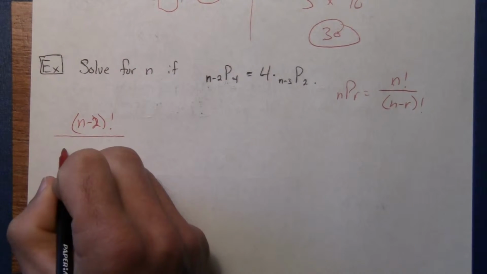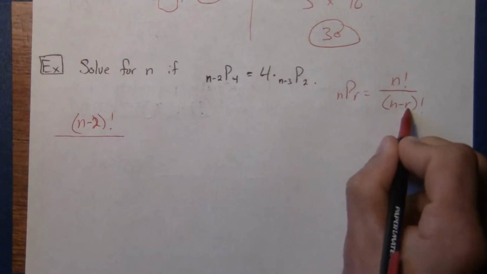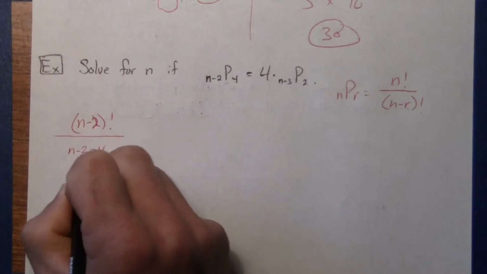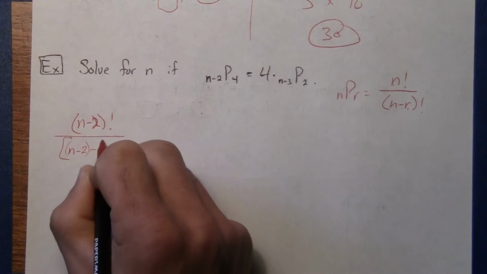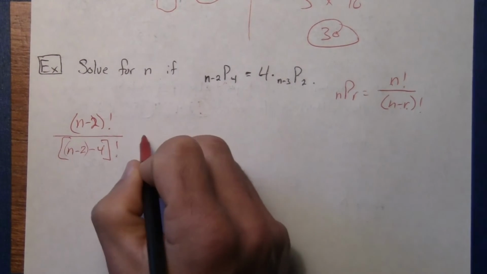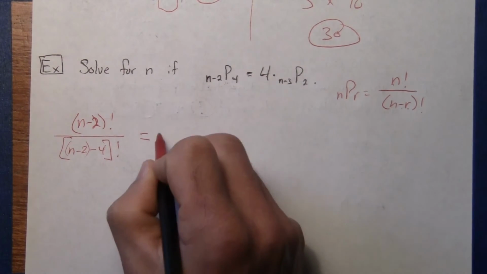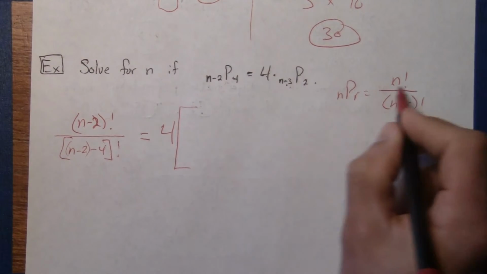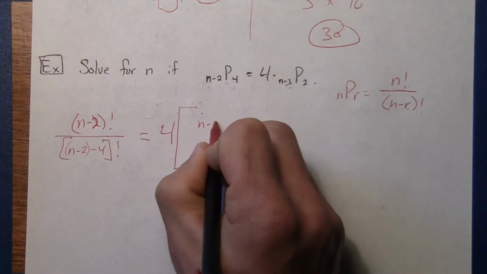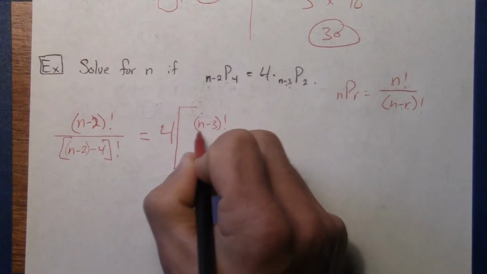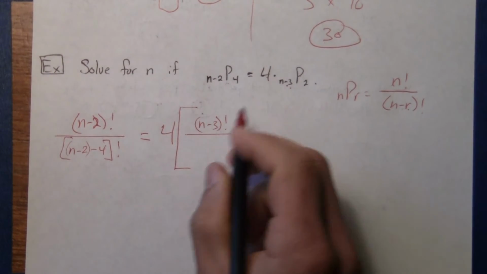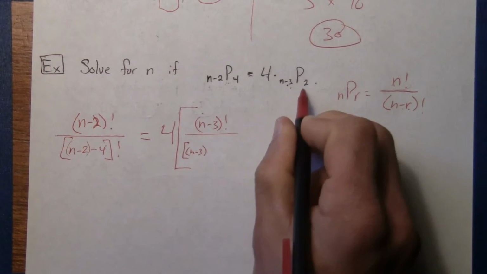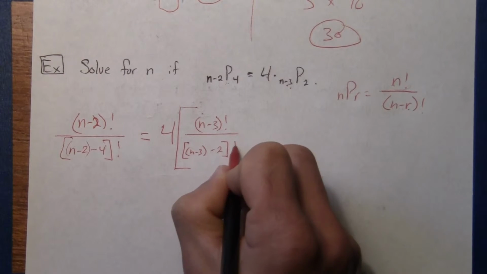Divided by the number n minus 2 minus r, so this would be n minus 2 minus 4 factorial, is equal to 4 times, and same thing here, this would be my n, so this would be n minus 3 factorial. I don't know what n minus 3 is, so I'm just going to leave it as a quantity like this. And then it's going to be n minus 3 minus 2 factorial.